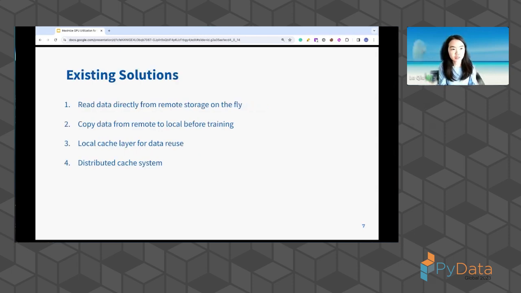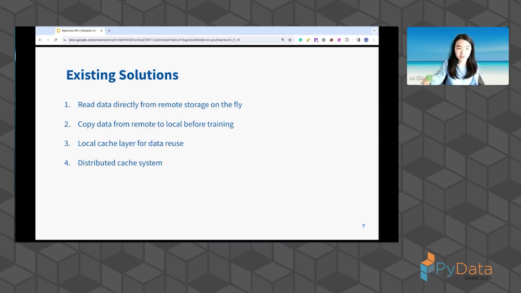And there are multiple solutions to solve this problem. The first, as I mentioned before, is that you can always fetch the entire data set from remote storage on the fly. But repeatedly fetching the data set from the remote storage may lower the data loading performance and also lower the GPU utilization rate.